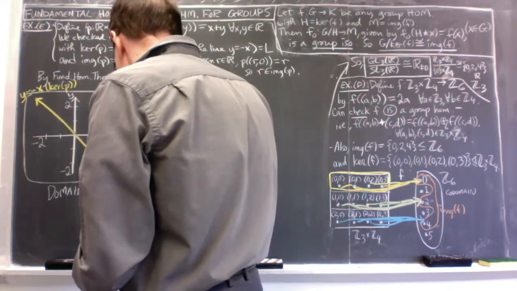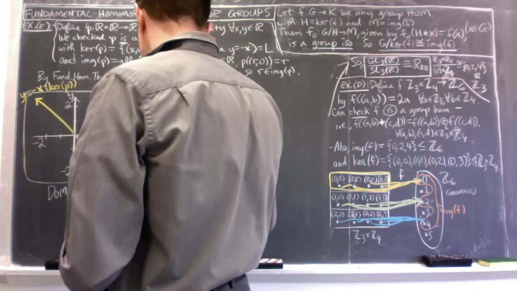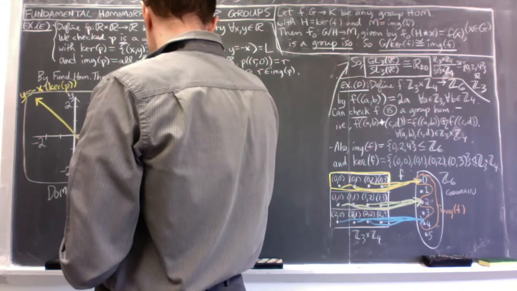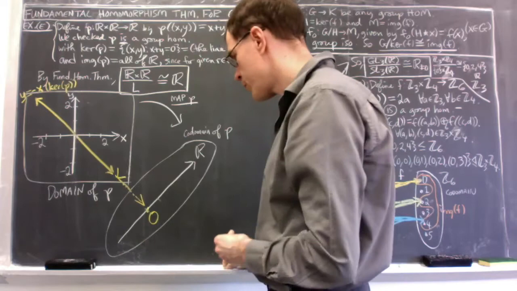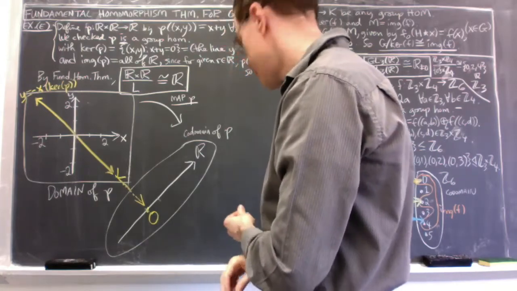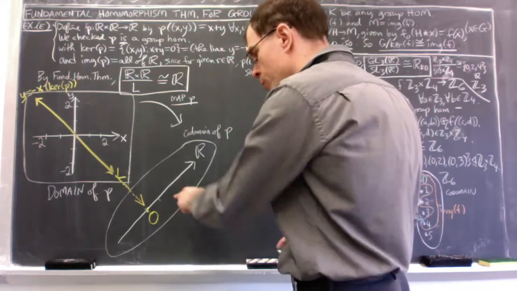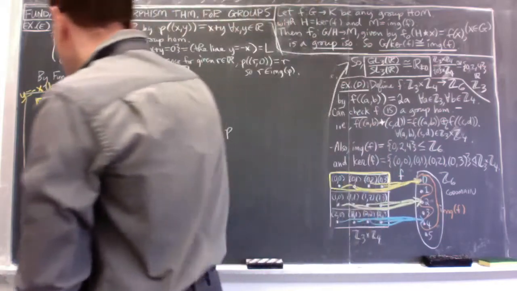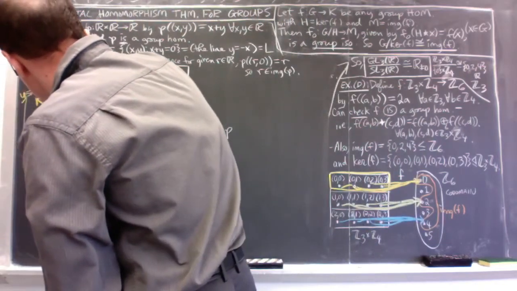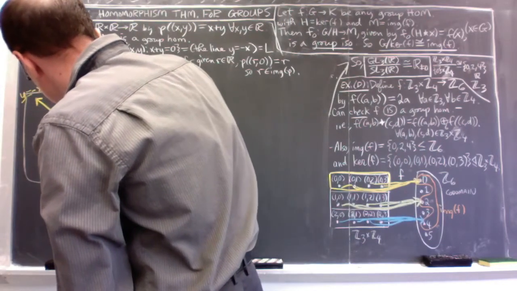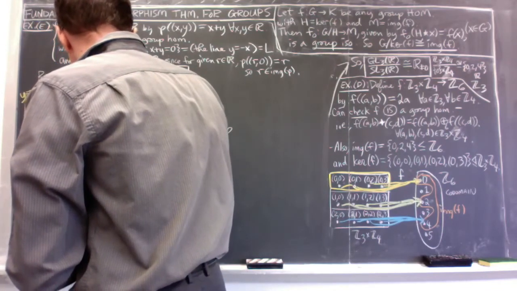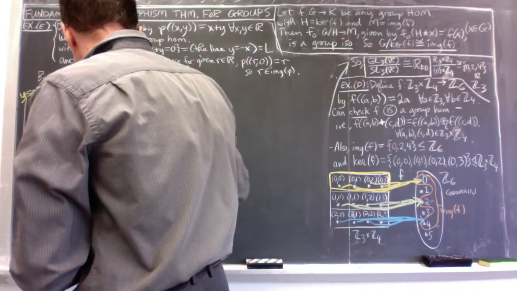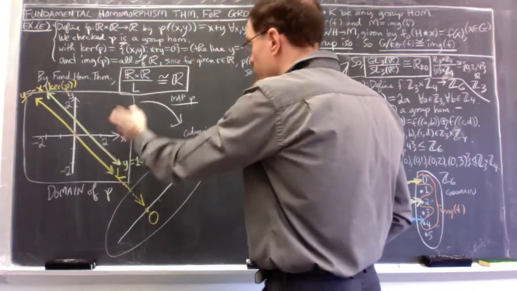The map P is taking points in the plane and sending them over to this other copy of the real number line. And all those yellow points go to 0. But if you look at another line, here's the line y equals 1 minus x, or x plus y equals 1.